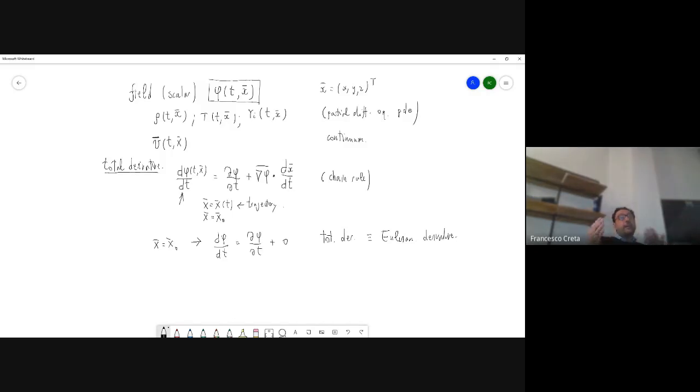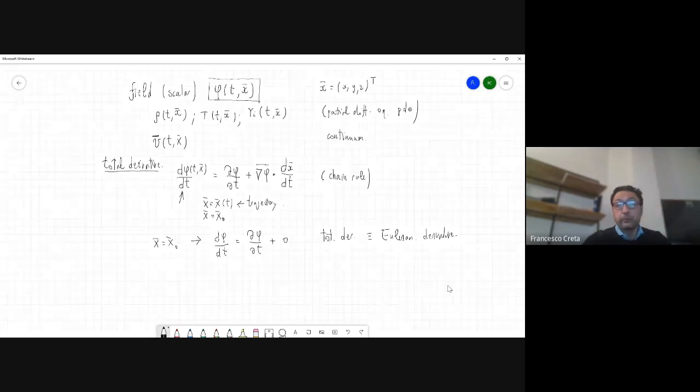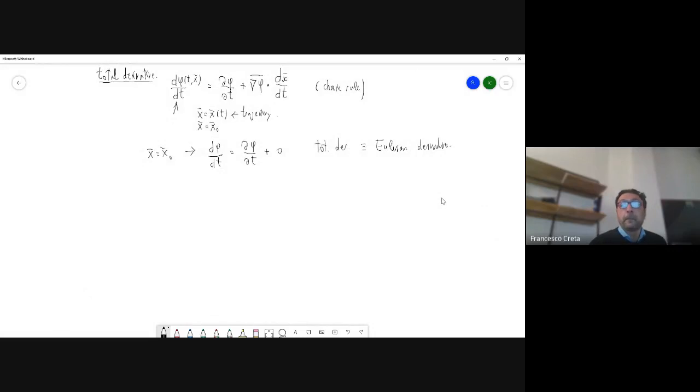And because phi is a field that essentially varies in time, we're feeling this variation in time, okay? So if I want to, for example, have a pictorial representation of this, consider your space. So this could be a frame of reference, X and Y, something like that.